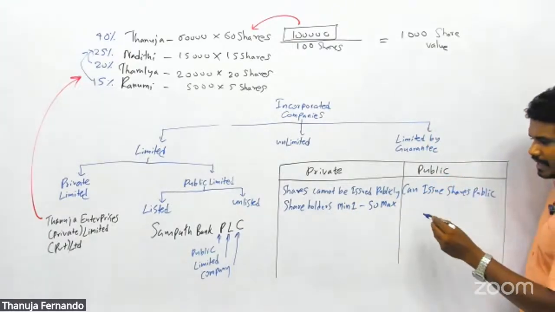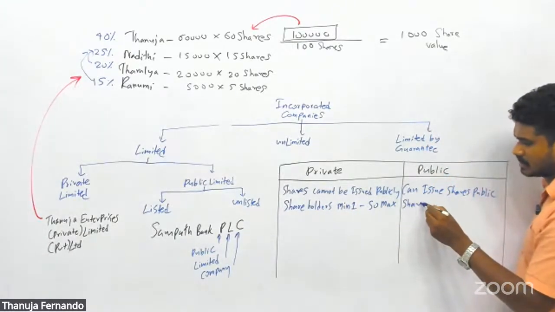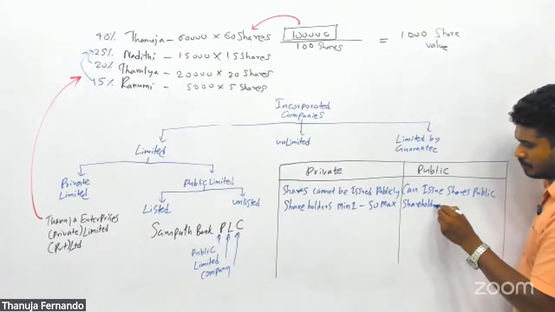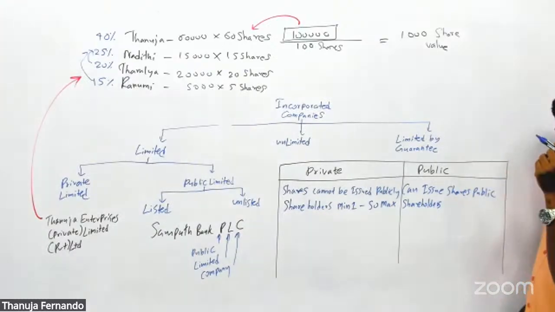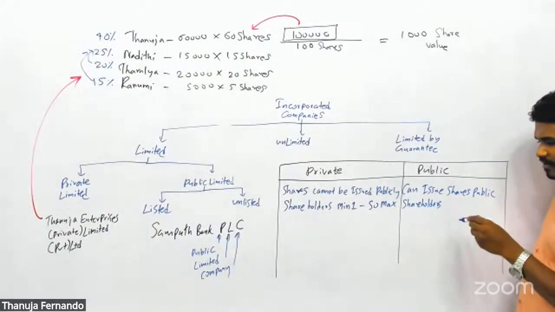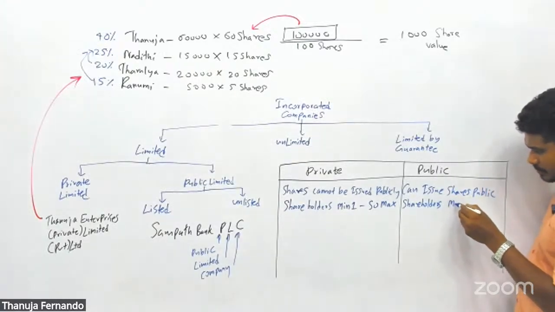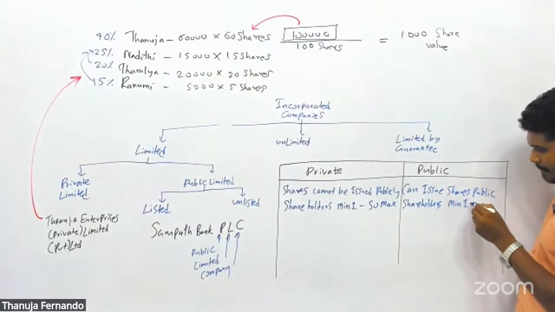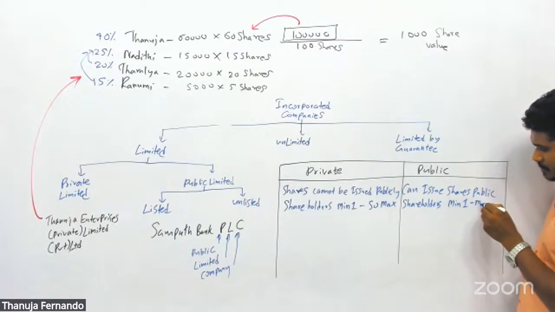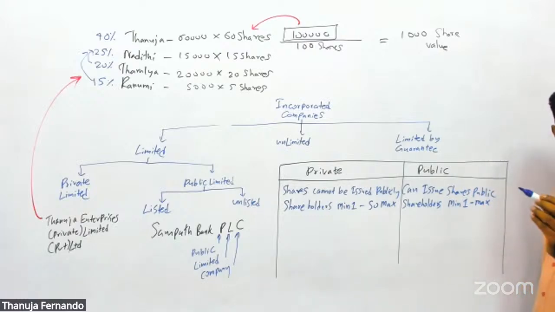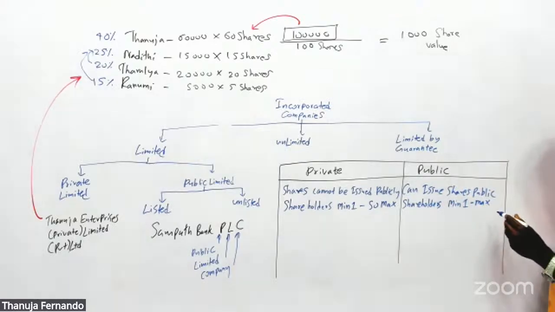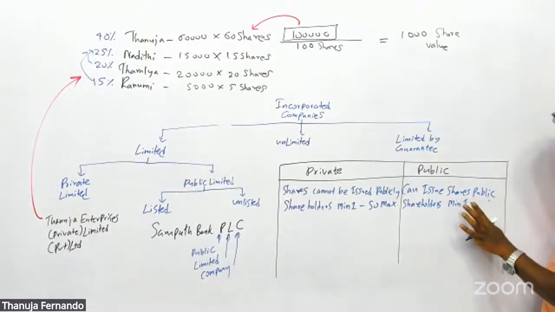But for a public limited company, shareholders are a minimum of one, and a maximum of no limit.